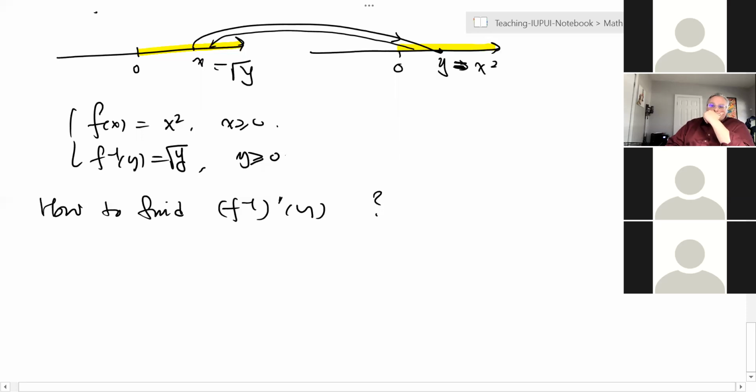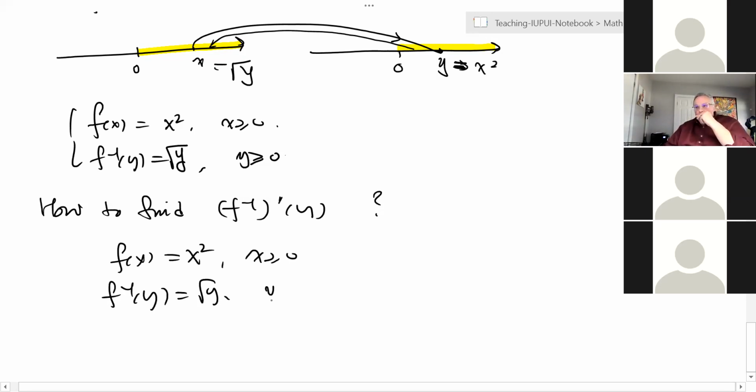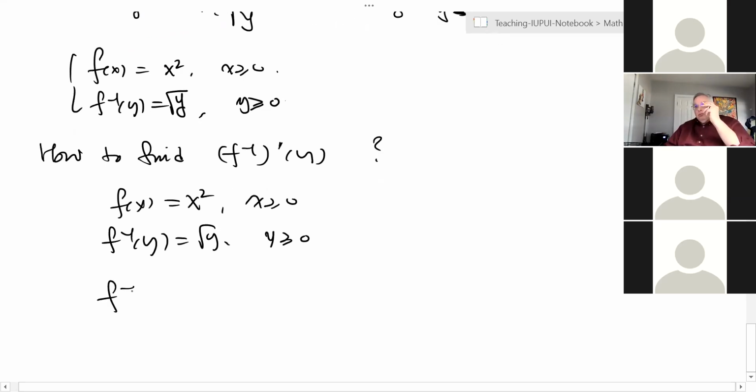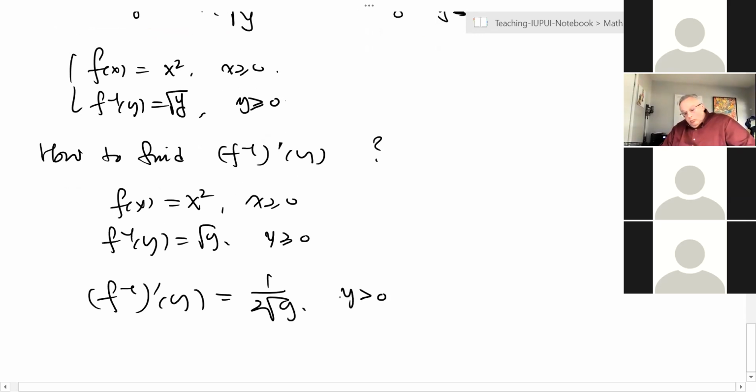But like the one above, we can do that. F of x equals x squared, x greater than 0, and then you have this. So therefore you can find the derivative of the inverse, it's just the square root of y, and y cannot be negative.